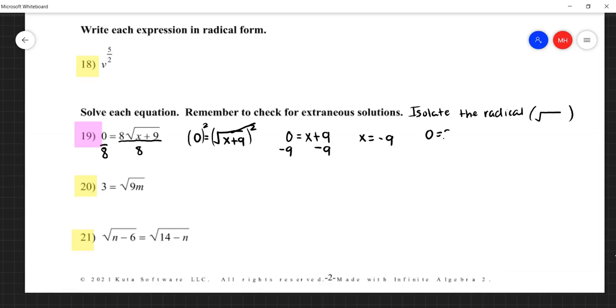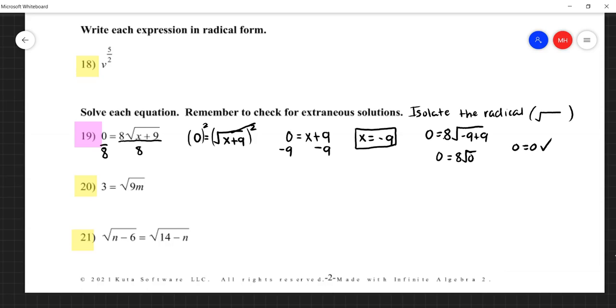I'm going to plug it back in. 0 equals 8 times the square root of negative 9 plus 9. Well, negative 9 plus 9 is 0, so this is 0 equals 8 times the square root of 0. Square root of 0 is 0, so this is 8 times 0, which is 0. This means our answer is x equals negative 9.